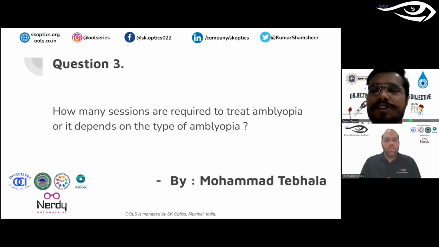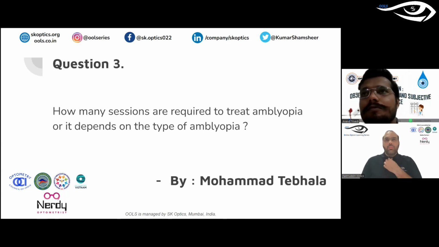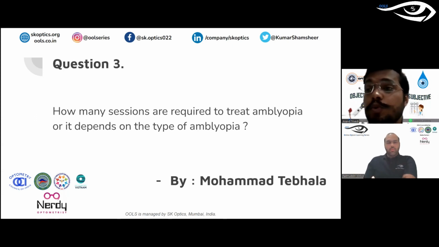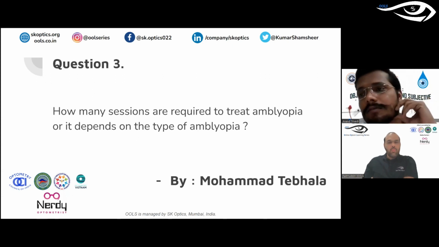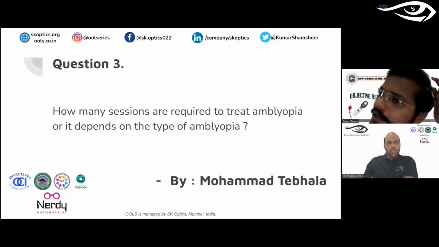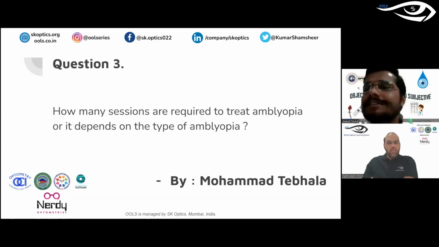The patient has nystagmus, age is 12 years old, female. The vision is around 6/36. The exercise is required for 3 to 4 days only because of the nystagmus. Nystagmus is improved, but vision can't improve for that.